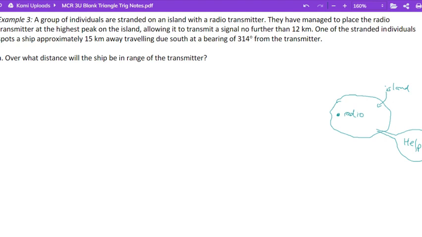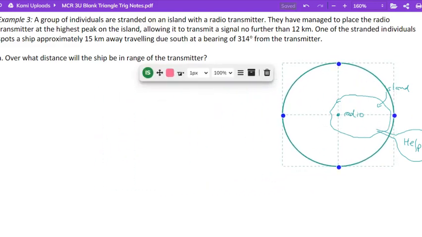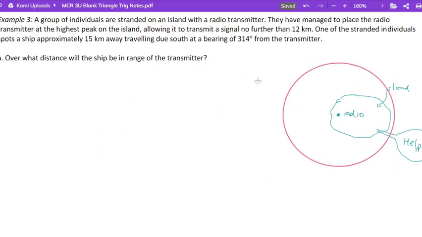So if I'm the radio, I send out signals in every direction. So this radio transmitter can send out a signal, we need a big circle, 12 kilometers each way, right? So I know that the radius equals 12 kilometers.